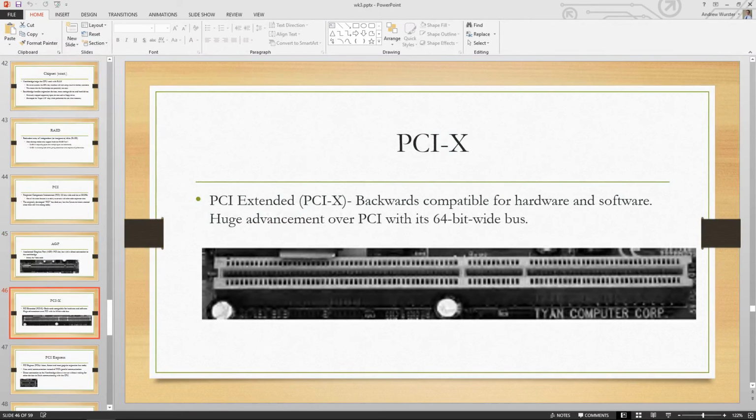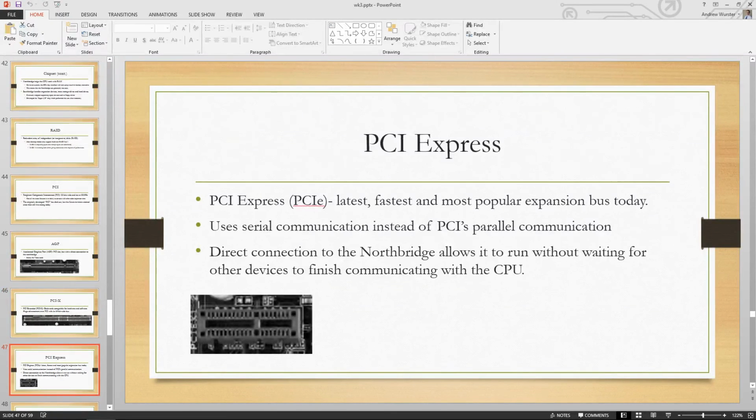PCI-X, it's another technology that's old and outdated. It's no longer used. Maybe you'll see it in a really old computer. I have it at my house. PCI Express is the latest and fastest, also known as PCIe. This one is nice because it's small and fast.